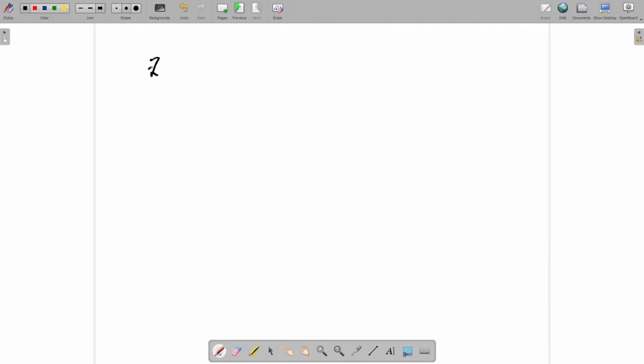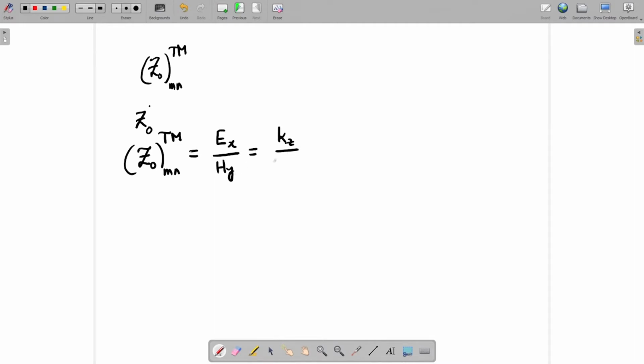So, therefore, the characteristic impedance Z 0 m n for the TM to Z mode is given by E x by h y, that is k z by omega epsilon, and that is beta by omega epsilon above the cutoff frequency f c, and that is equal to minus j alpha by omega epsilon for the frequency below the cutoff frequency.